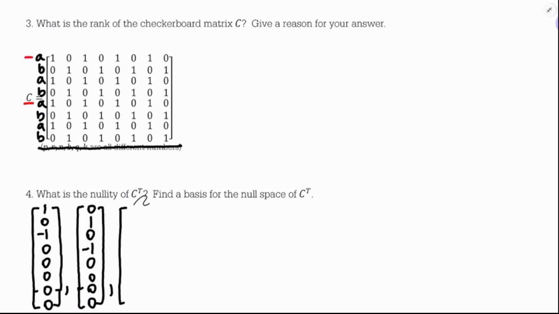Okay, so 1, 0, 0, 0, negative 1. And I could do the same thing with the corresponding B's right there, right? So I could say that would be the second and the sixth.